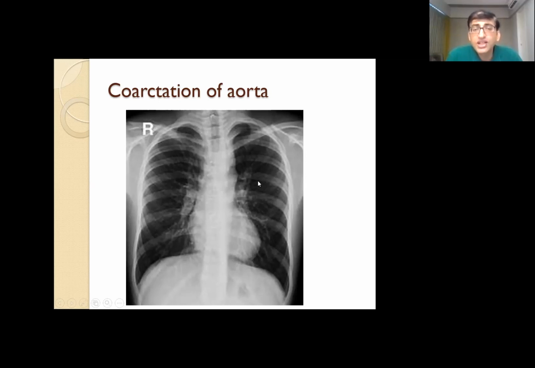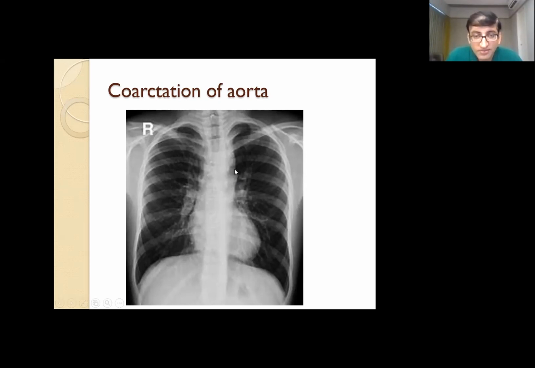But what we can see over here is a sign of 3, the upper 3 and the lower 3. This is the transverse arch, and here is the narrowest point of the coarctation, and then post-stenotic dilatation, and then the descending aorta. So these are the subtle clues you can look for if you are suspecting coarctation of the aorta.